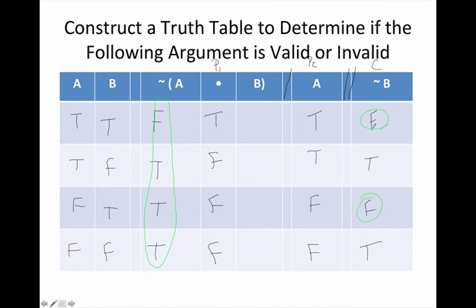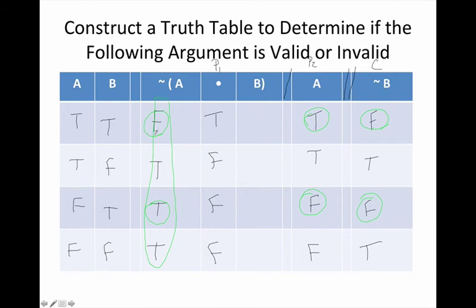If the conclusion is false while the premises are true, then the argument is invalid. But as you can see, on the two rows, row 1 and 3, where the conclusion is false, at least one of the premises is false. So on row 3, premise 2 is false, and on row 1, premise 1 is false.